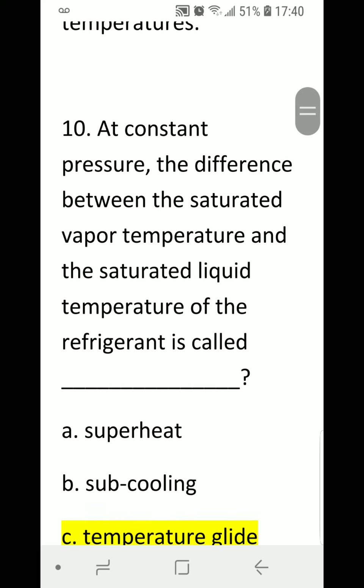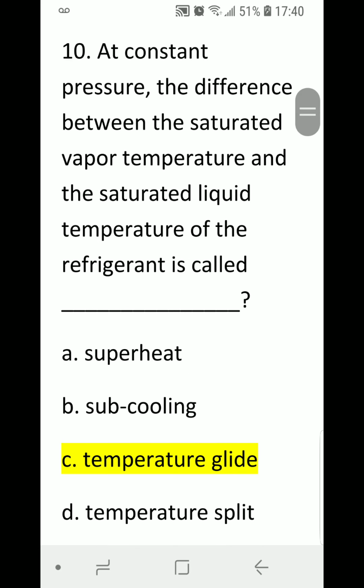Number 10. At constant pressure, the difference between the saturated vapor temperature and the saturated liquid temperature of the refrigerant is called blank. A. Superheat, B. Subcooling, C. Temperature glide, or D. Temperature split.